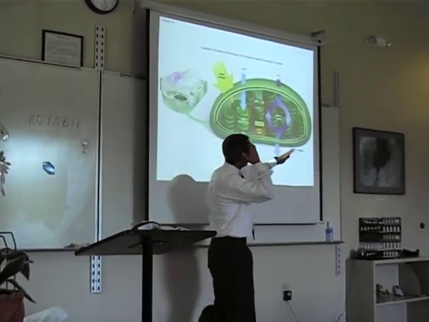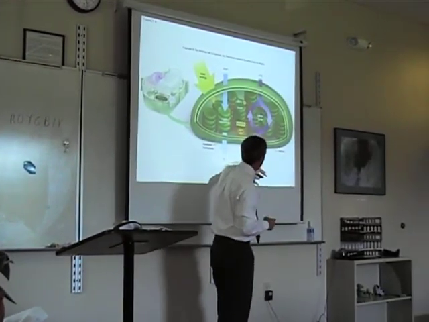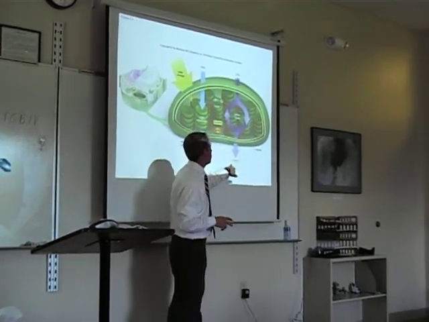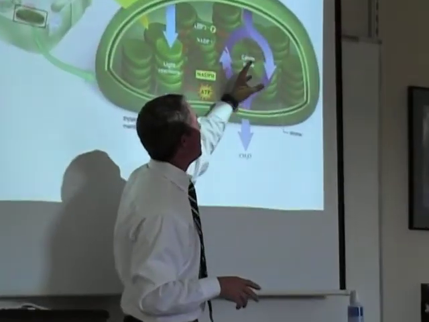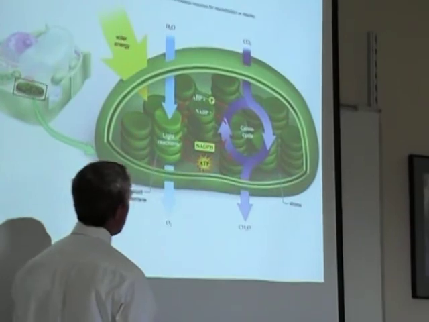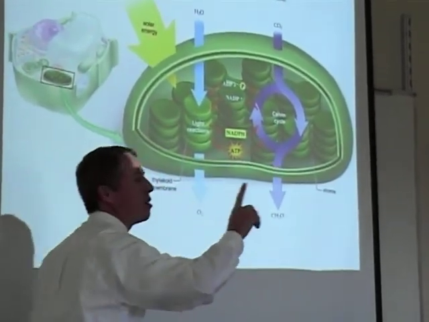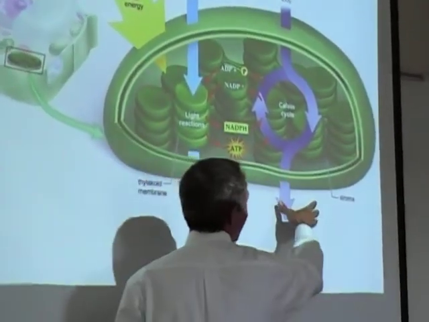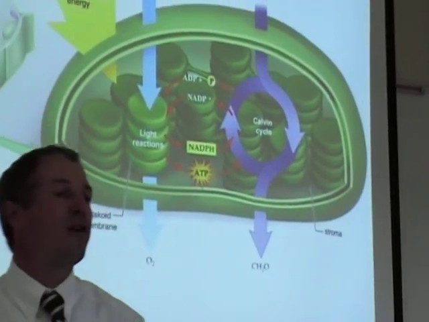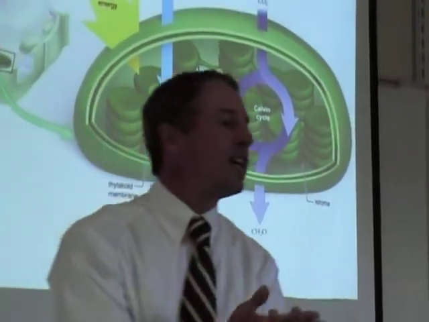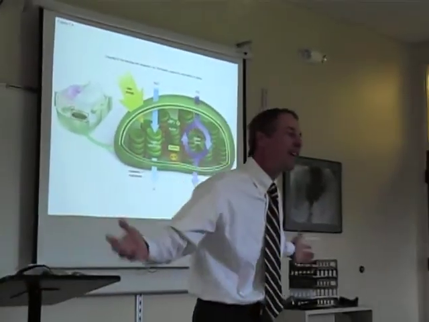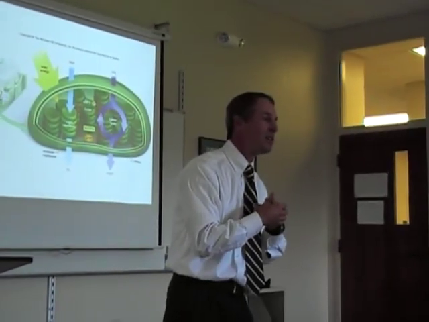The second set of reactions is called the Calvin cycle, and that produces the sugars. The Calvin cycle doesn't need light. We're going to do one set of reactions Monday and the second set Tuesday. They're both very complicated. If you get the essay for this chapter, you have to tell me the whole thing.